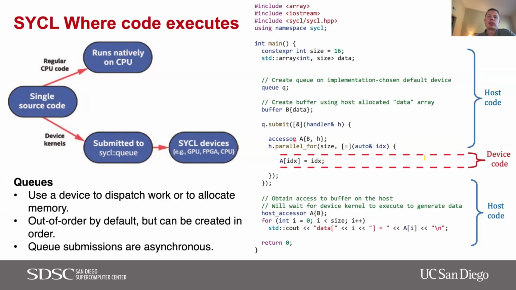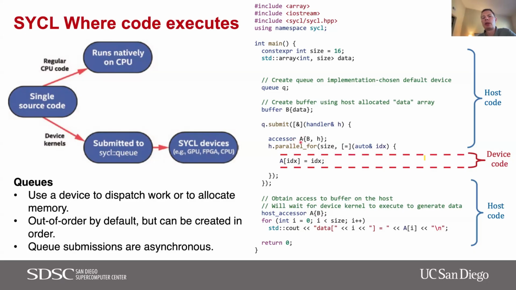We've used this accessor here so we can access the data of B as A, right? Remember, B is a buffer that's sitting on the CPU side. And now here we have an accessor created in that queue, and that queue is running wherever it's running. It's running a default device. I mean, it could be a CPU, it could be a GPU.